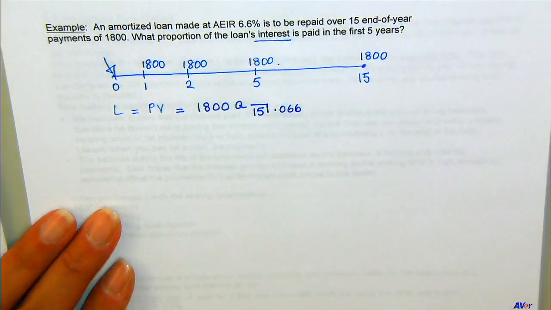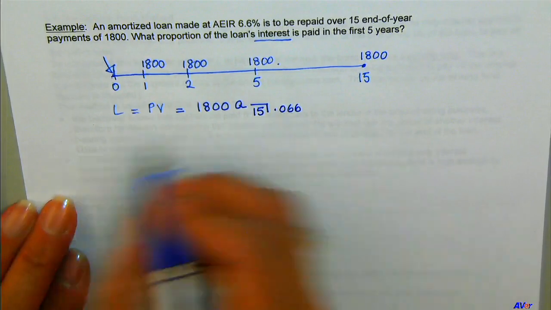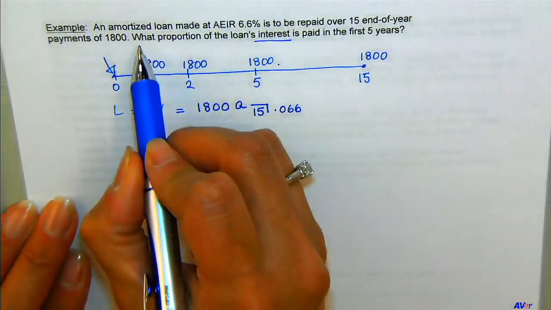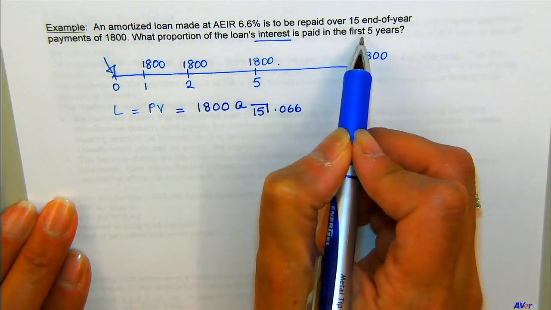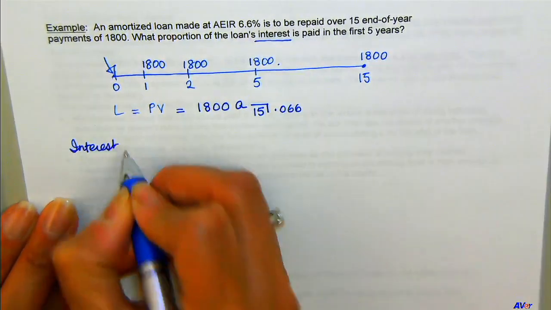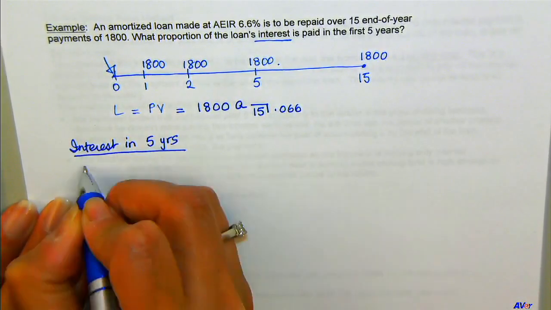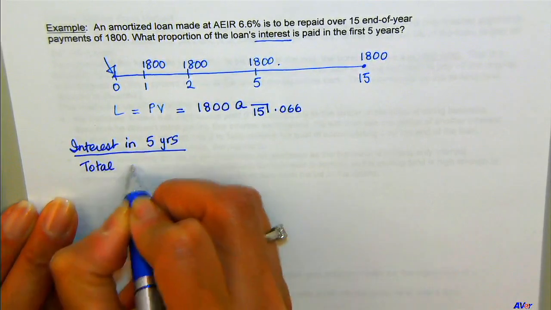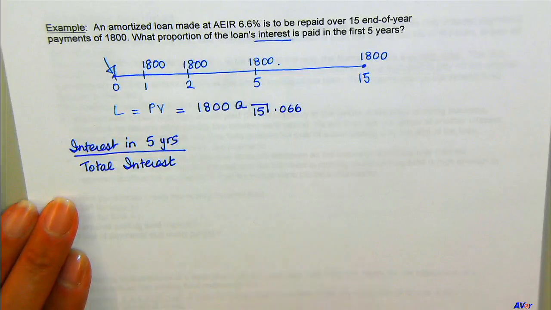That's my interest rate, right? Okay, so what's the total interest paid? Because it says what proportion of the loan's interest is paid in the first 5 years. So I want interest in 5 years divided by total interest. So I have to go find both these quantities.